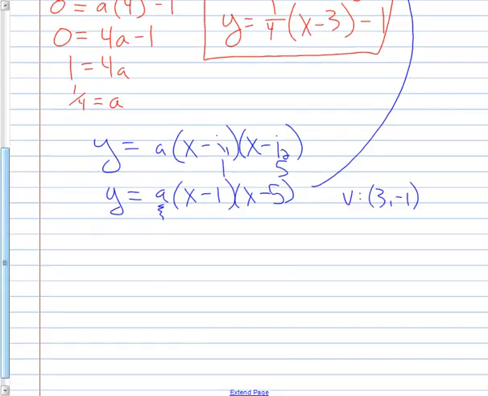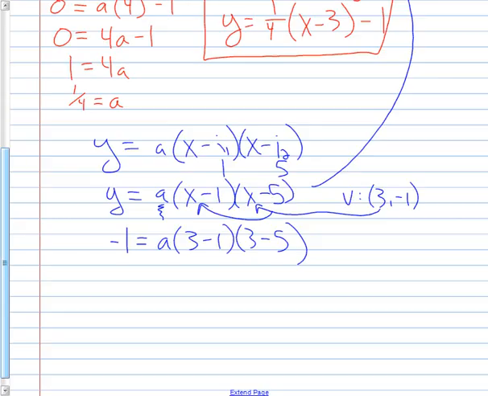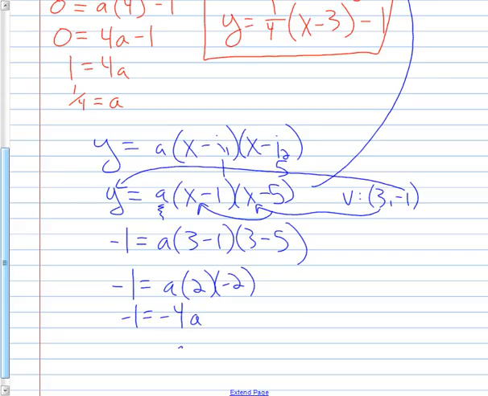So y is -1, and x is 3. The 3 goes in for the x's, and the -1 goes in for the y. So -1 equals a times 2 times -2. So -1 equals -4a. So a is 1/4.